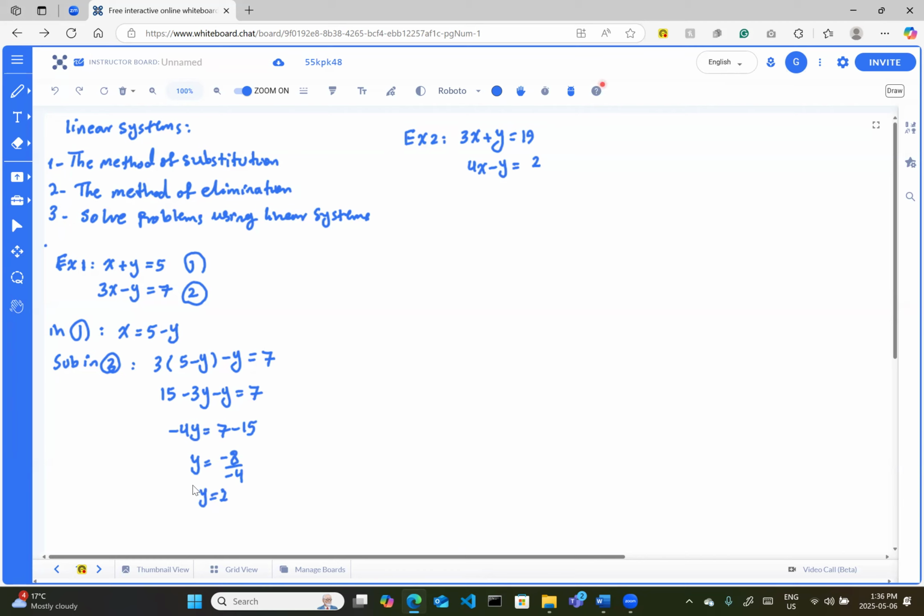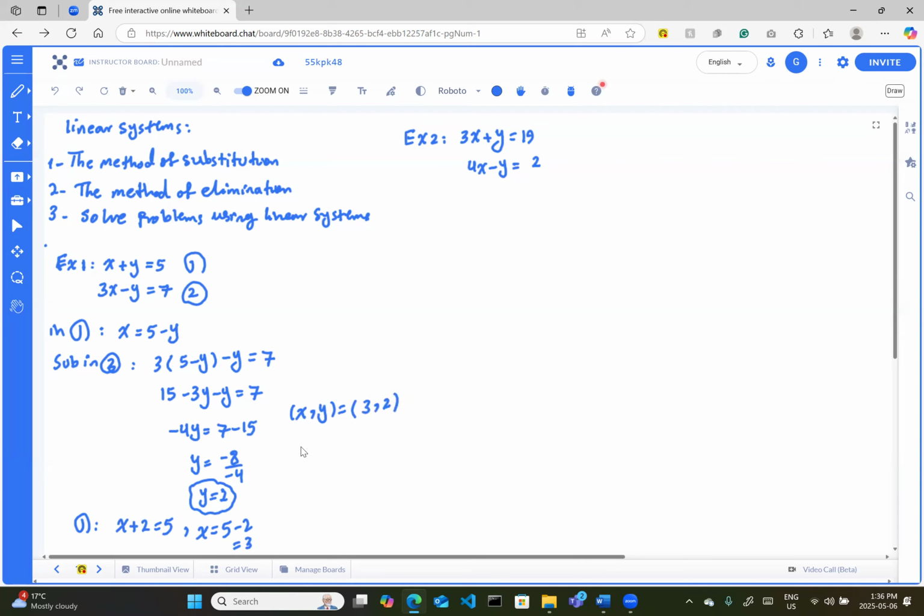When you found 2, then you can substitute 2 in one of the equations and determine the value of x as well. So I will try the first equation. So x plus 2 equals 5. So then x will be 5 minus 2, which is 3. So the answer of this linear system is this ordered pair (3, 2).